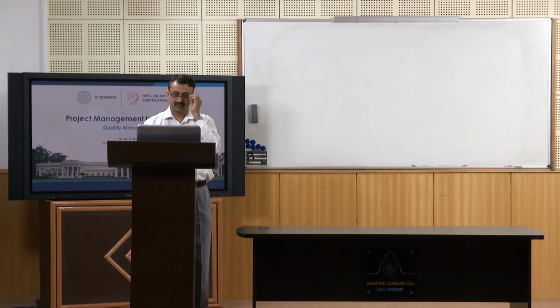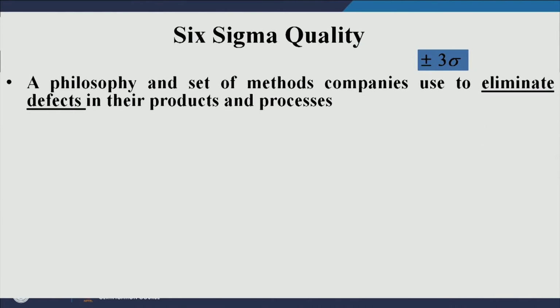Let us look at something more about 6 sigma quality. Six sigma is basically a philosophy and a set of methods, because in 6 sigma you apply several statistical tools to reduce variability. So, it is a set of methods, especially statistical methods.